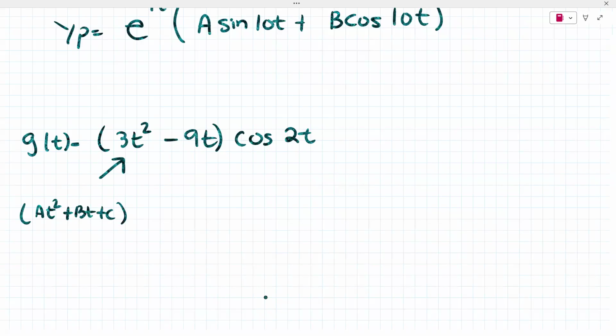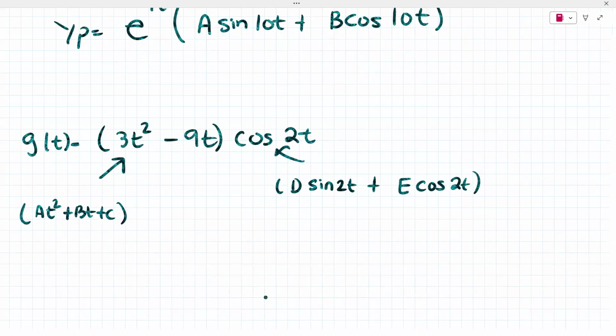And this is a trig, so that would be d sine of 2t plus e cosine of 2t.